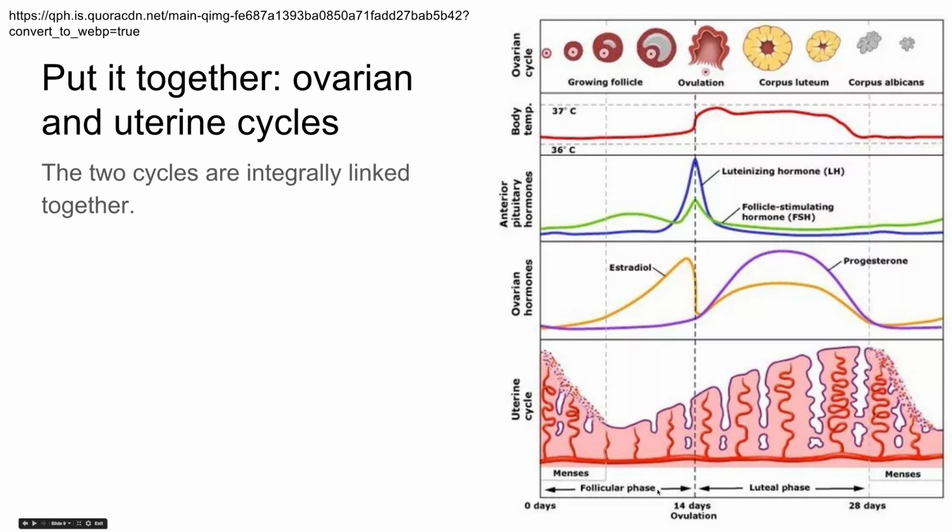We tend to find proliferation, what they're calling the follicular phase, the regrowing of the endometrium, matches the completion of the ovarian cycle. We start secretion, or what this is calling the luteal phase, at ovulation. They seem to match up, and it seems to peak with the corpus luteum. Then once the corpus luteum goes away to the corpus albicans, menses triggers.